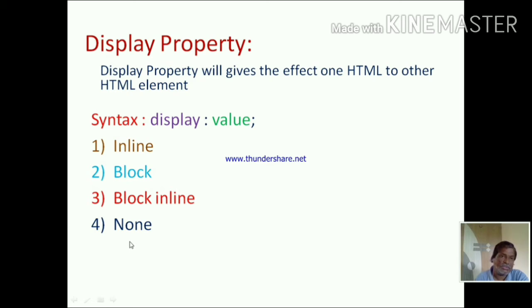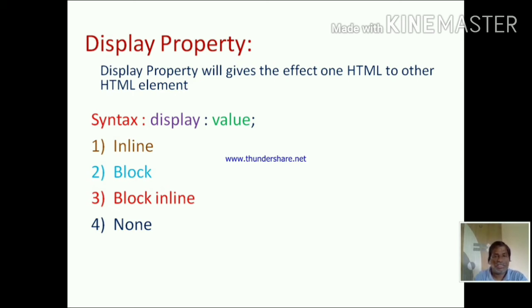And the next one is none. Here it hides an HTML element. In the source code we can see the element is present, but when we see the output for the none value, we cannot see the element in the web browser.